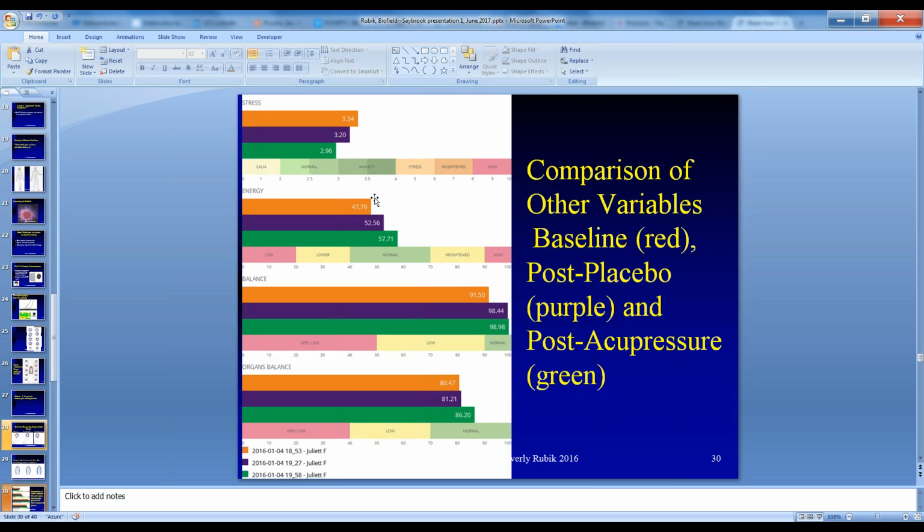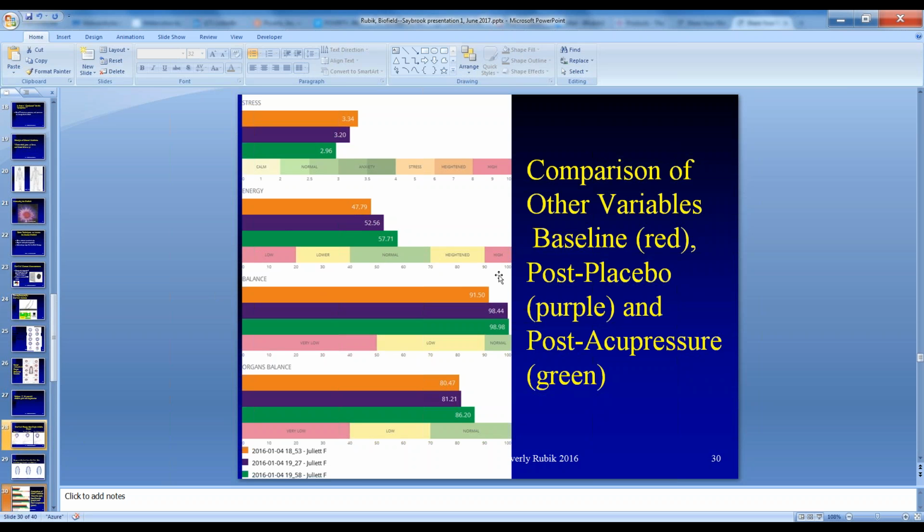And the energy status of the person, this is looking at the amount of chi or the strength of the biofield. It started out on the low side of normal. The placebo made it a bit stronger, and the actual active intervention made it even stronger. The right-left balance is another aspect of looking at energy.